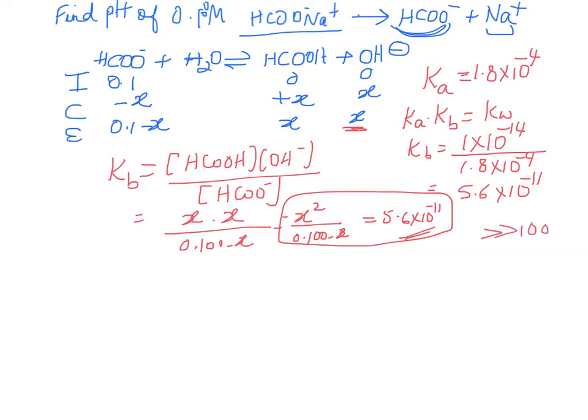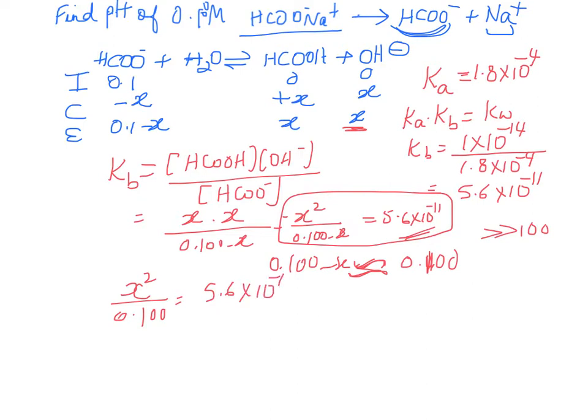And so I can approximate that 0.100 minus X is about the same as 0.100. That means X is an itty bitty, really small quantity. So one can say X squared divided by 0.100 is equal to 5.6 times 10 to the negative 11.